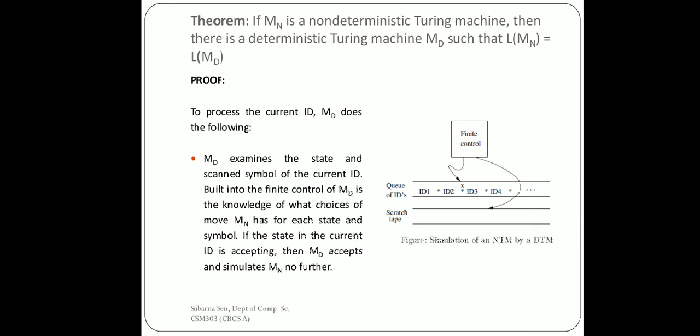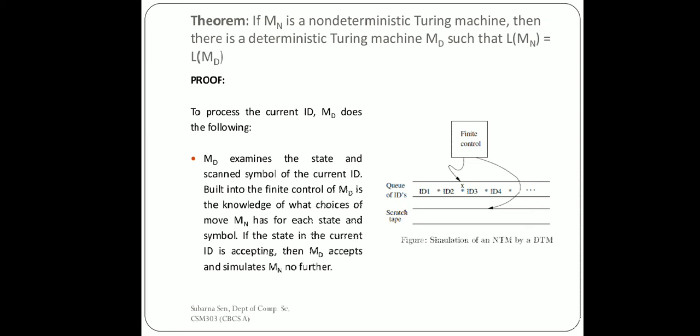Built into the finite control of MD is the knowledge of what choices of move Mn has for each state and symbol. Since it is storing the ID, it should have every knowledge of what transition the non-deterministic Turing machine makes for this pair of state and input symbol, which will obviously be written in ID 3.